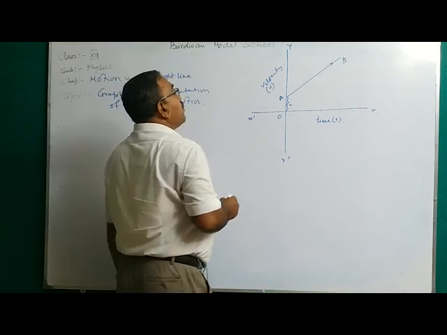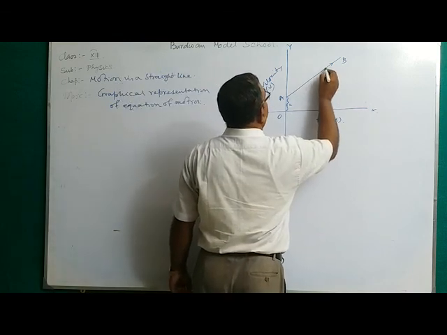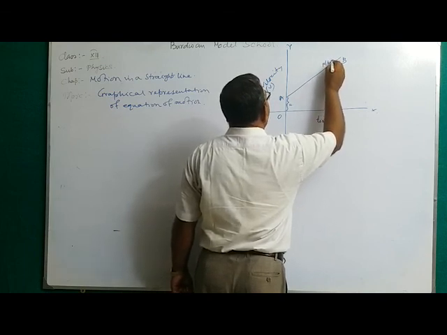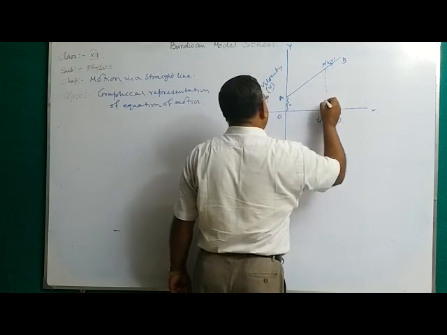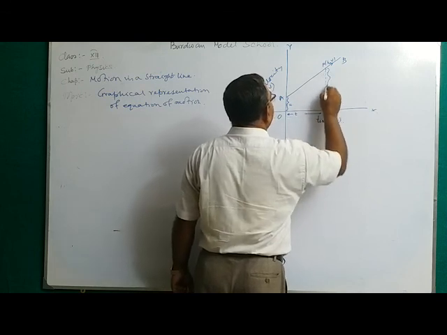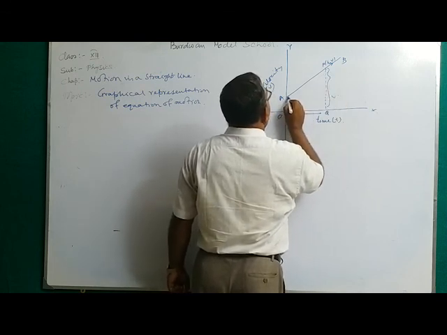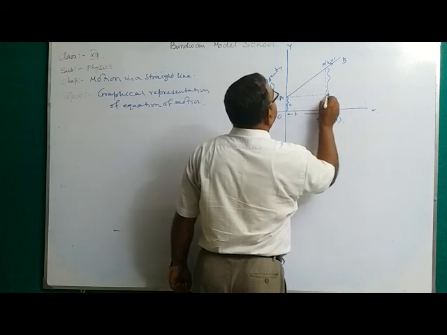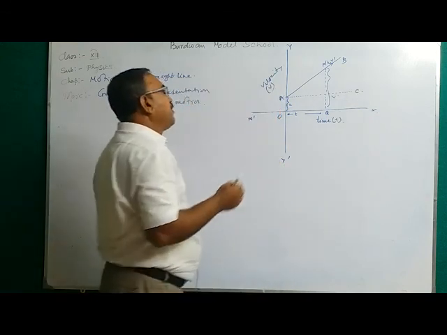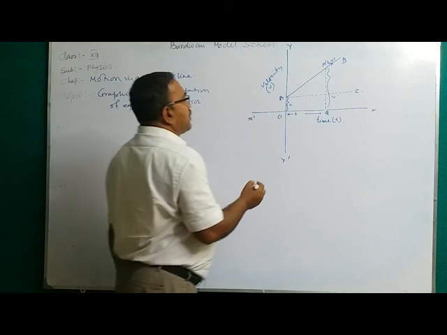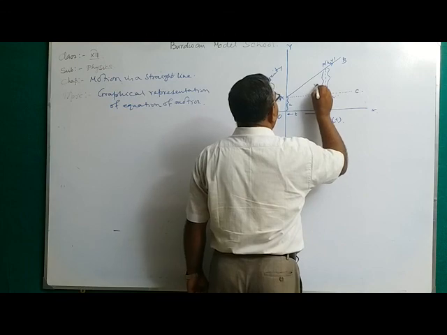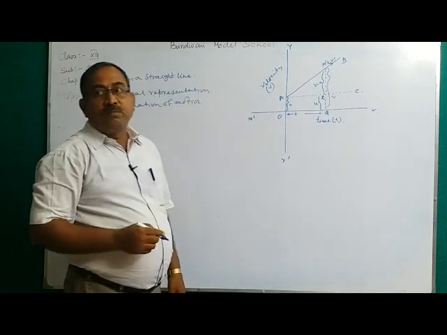Consider a point P on this line, whose coordinates are T, V. A perpendicular is drawn on the x-axis at Q, OQ equal to T, and PQ equal to V. A line parallel to the x-axis passing through the point A is AC. This line represents the uniform velocity, that means no acceleration. That point is R, so this is u, and that value will be v minus u.